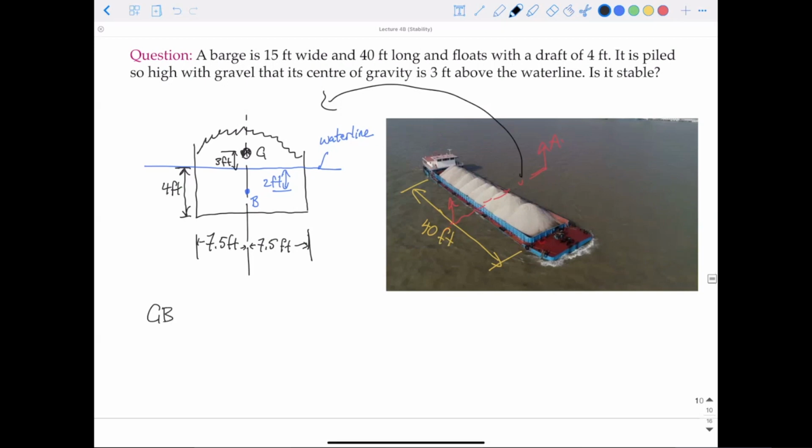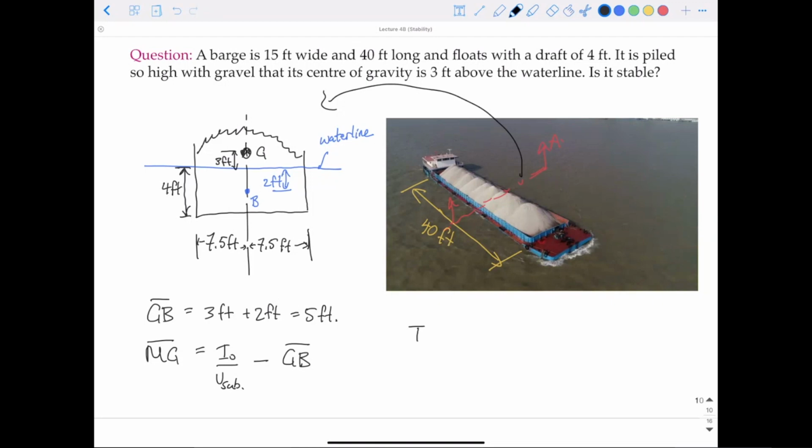GB in this case can be equal to 3 feet plus 2 feet, and then our distance from the metacenter to our center of gravity is equal to I0 over the volume submerged minus GB.